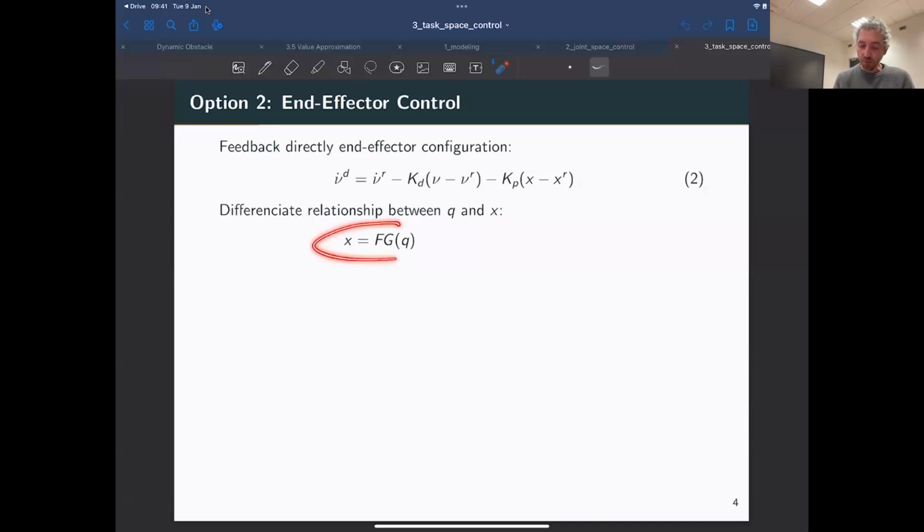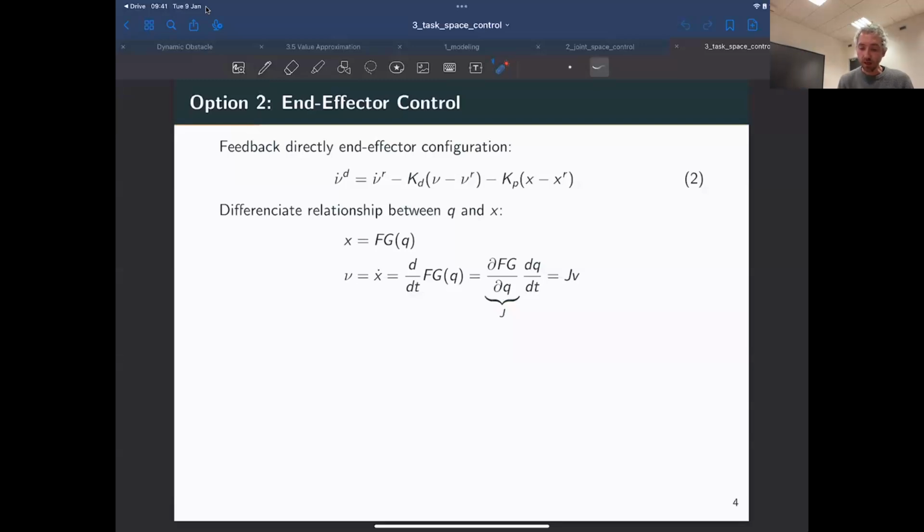And we write down the relationship between the joint space configuration and the end effector configuration, which is given by this forward geometry function, Fg. We take the derivative of this function with respect to time. And what we get is very similar to what we have already seen when we differentiated the contact constraints.